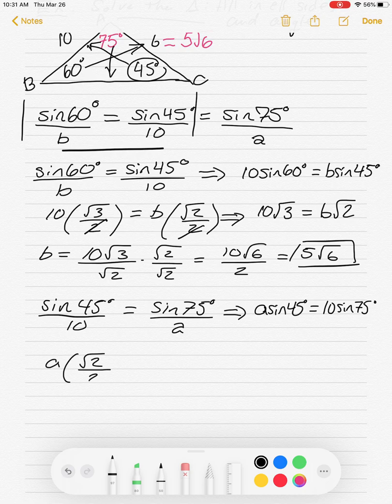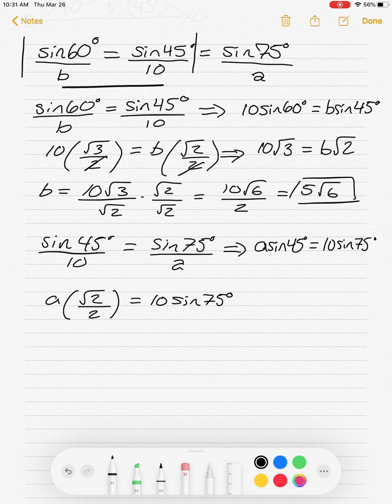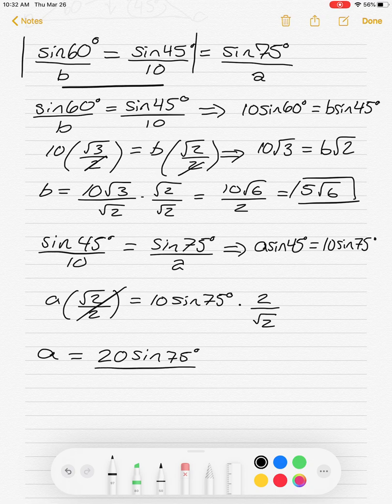Sine of 45 degrees is root 2 over 2. Now 75 degrees is not a special angle, so that one we don't evaluate. So then let me multiply by 2 over root 2 to get rid of this. So A looks like it'd be 20 sine 75 degrees over root 2.